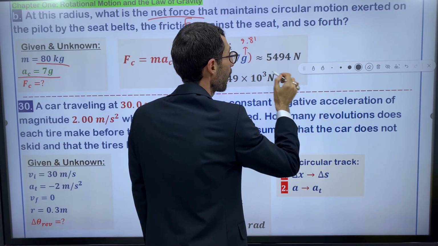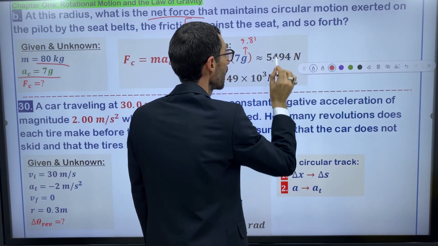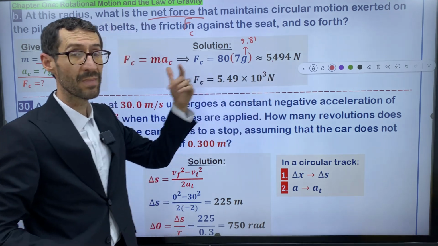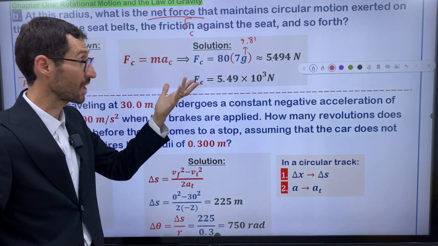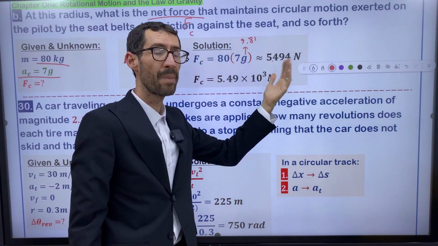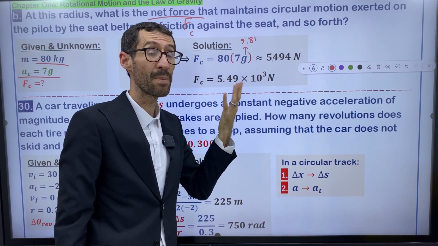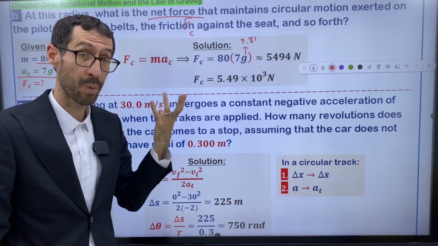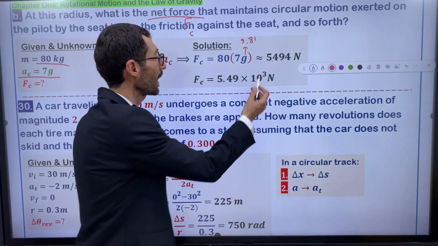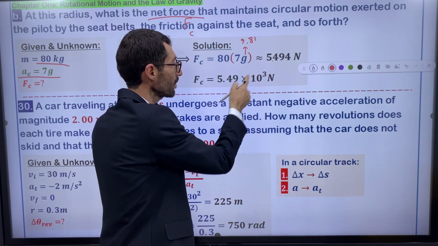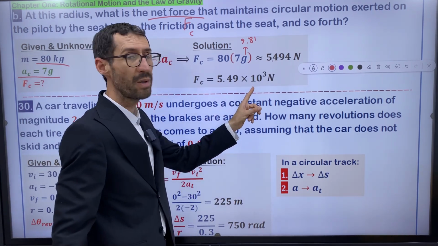After the decimal point, the other numbers become the power, the exponent, for the number. So I can say 5.49 times 10 to the power 3.